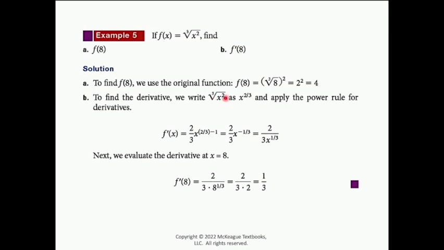So when I take the derivative, this 2/3 comes down in front as the coefficient of x, so there we go. And then I have to subtract 1 from the exponent. When I subtract 1 from 2/3, I'm going to get a negative number. And then if I take 2/3 minus 1, that's going to give me negative 1/3. So I have 2/3 x raised to the power of negative 1/3.